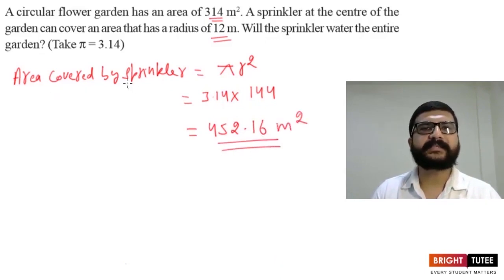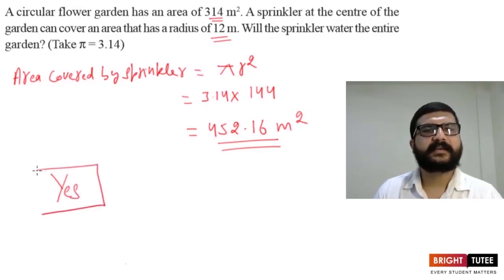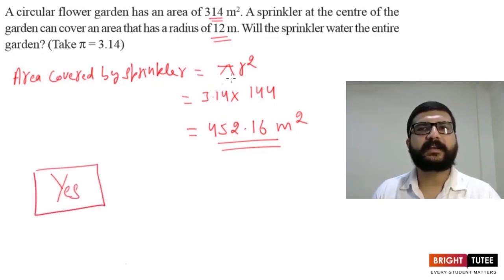Now as we can see, the area covered by the sprinkler is greater than the area of the circular garden. So it means this sprinkler will water the entire garden. So therefore the answer for this question will be yes. Yes, the sprinkler will water the entire garden.